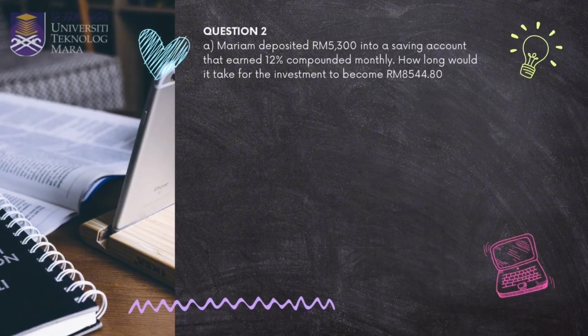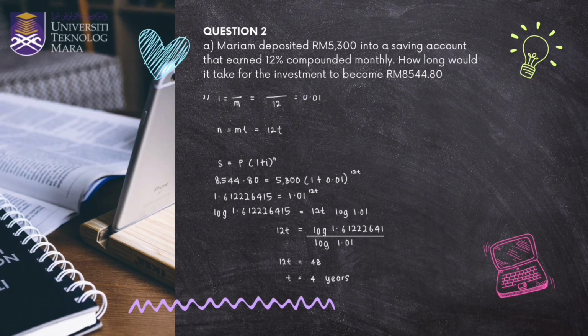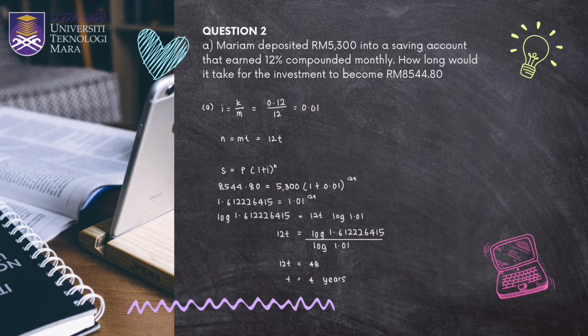Let's go to question 2A. Mariam deposited 5,300 ringgit into a savings account that earned 12% compounded monthly. How long will it take for the investment to become 8,544 ringgit and 80 cents? First, we need to find the value of i and n.